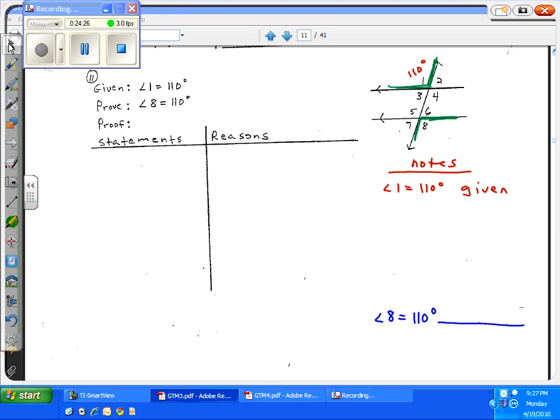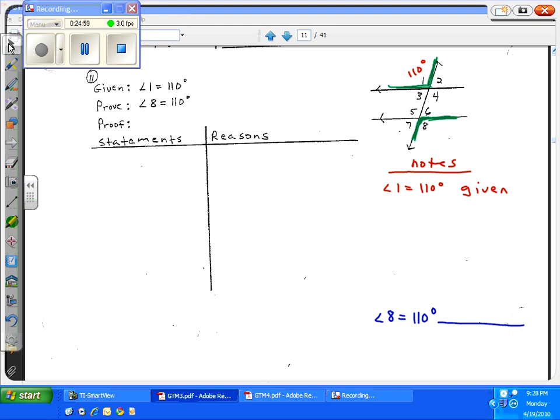Now, there are some modern day textbooks, not that mine's not modern day, I'm just from the old school, that call those alternate exterior angles, and we would have nothing to prove. But we don't call those alternate exterior angles in this text, so we get to try to prove that those are going to be equal. And we could make up a name and say alternate exterior angles are equal, and make a rule out of that, which some have done.